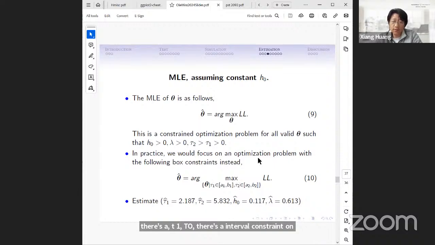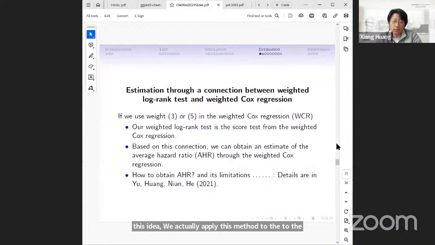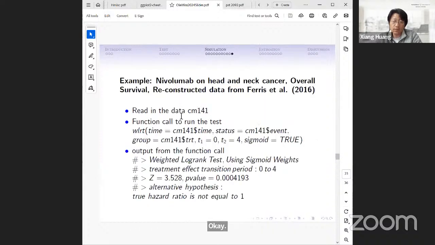Using this MLE idea, we applied this method to this real data set.